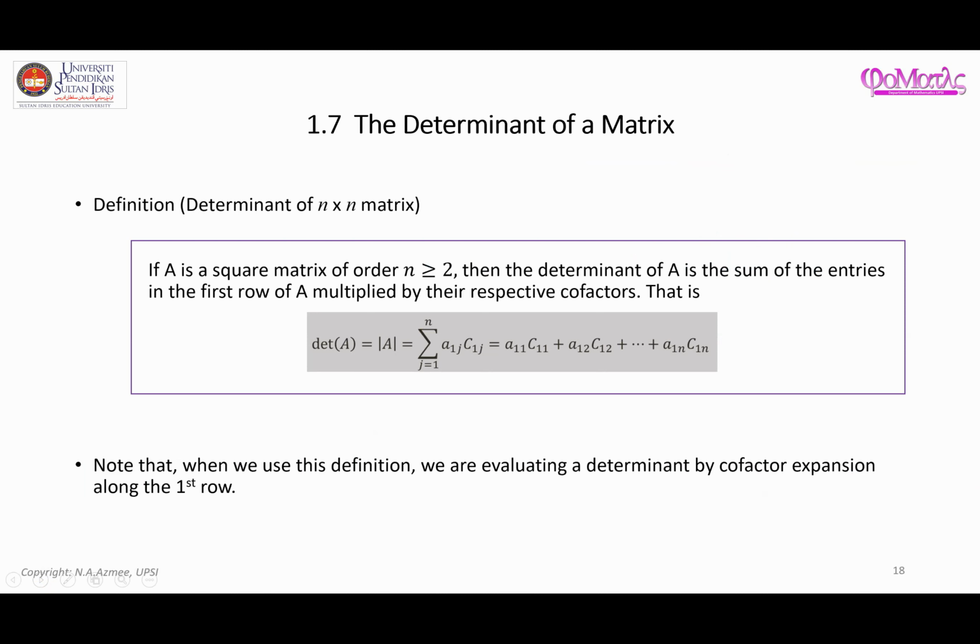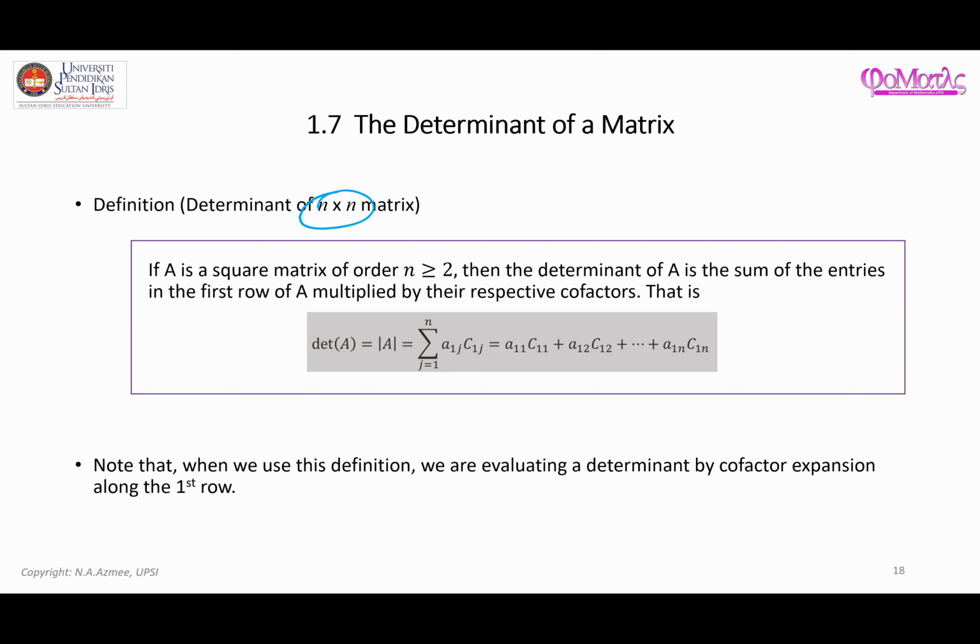Okay, now since we are done with defining what is minor and what is cofactor, we are now ready to tackle the real question, which is to find the determinant of a higher order matrix, order more than 2.